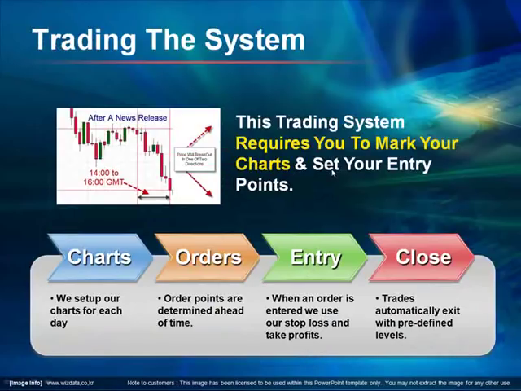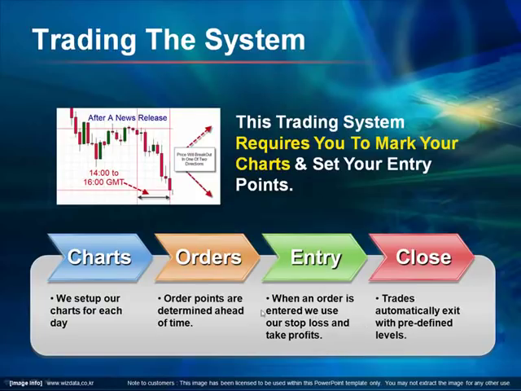This trading system, rather than using indicators, has you mark your charts as you go along. So when we start with this system, we set up the charts for each day. We pre-place our orders. If we find legitimate order points, we're going to set a buy order and a sell order that will be automatically placed if the price hits that point. The entry automatically occurs after we've done that.